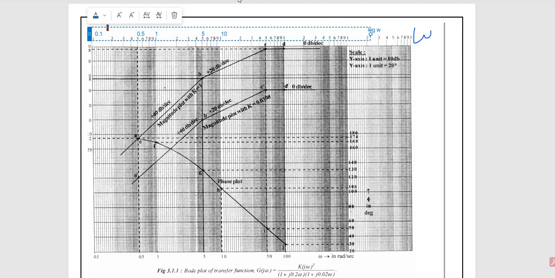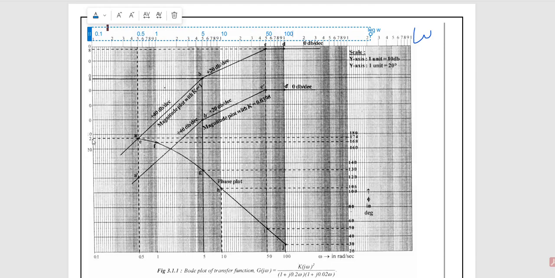According to the logarithmic scale, if you take this as 0.1, the next one will be 1, the next one will be 10, and the next one will be 100. So this 5 will be 50, the 2 will be 20, and like that, this is 50, then this will be 100. So we need to have 0.5, 1, 5, 10, 50, 100. These are the values we need to have, so you mark these values.